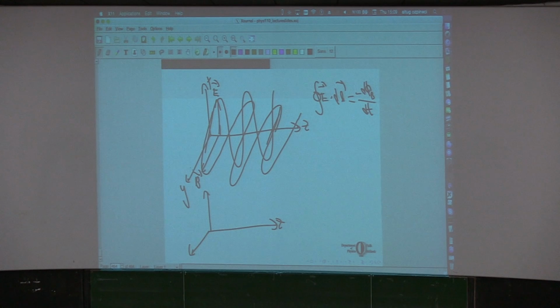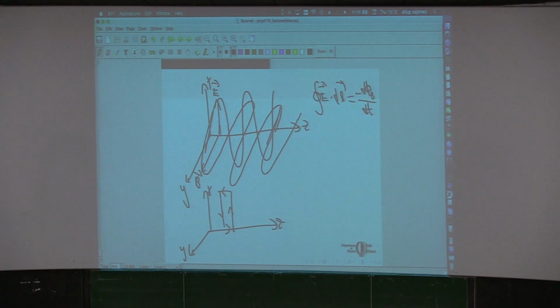This is x, this is y. I will choose such a loop, perpendicular to the y-axis, to the magnetic field, so that the flux will be non-zero. That's why I'm choosing in this direction, in this plane.